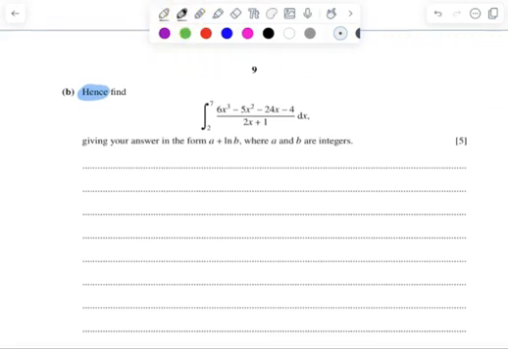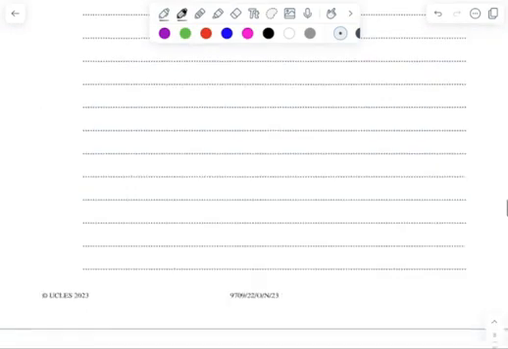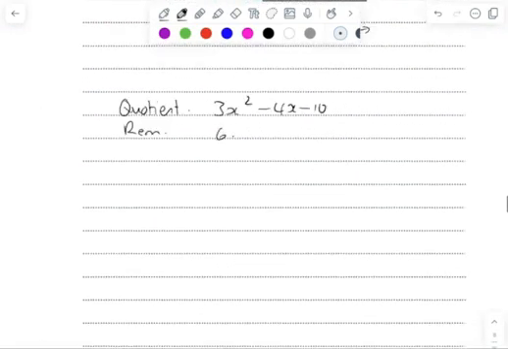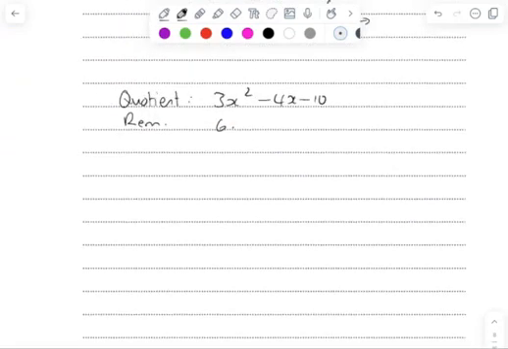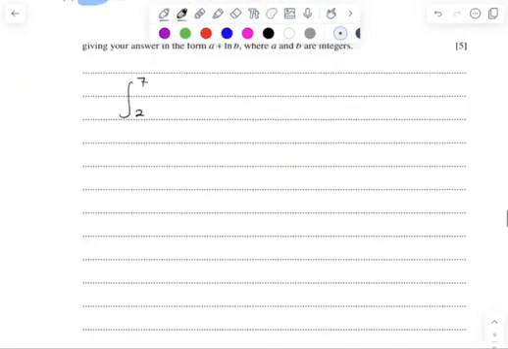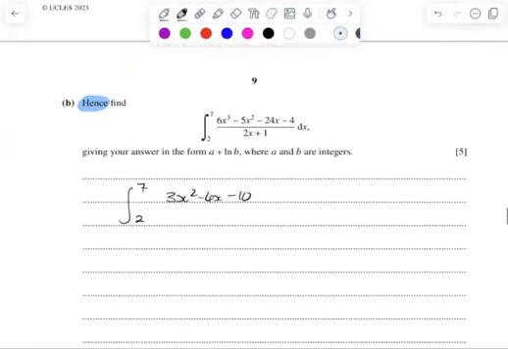So in order to integrate this question, we're now going to look rather at our quotient. So 3x squared minus 4x minus 10. And then we had a remainder of 6, which hasn't yet been divided.